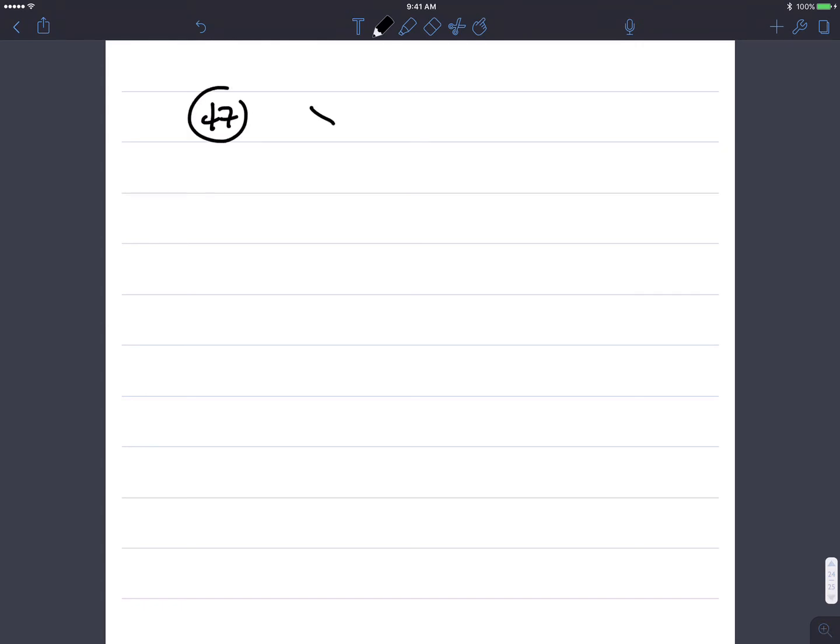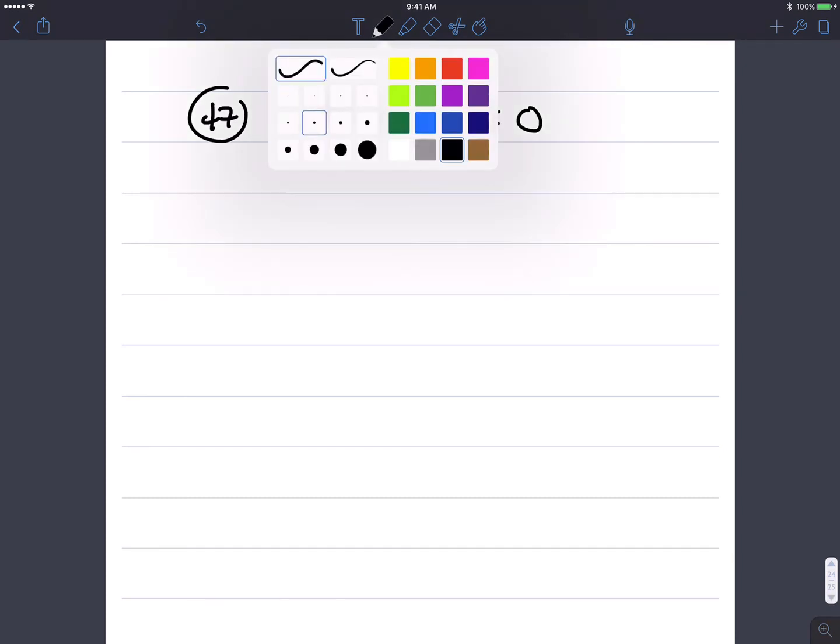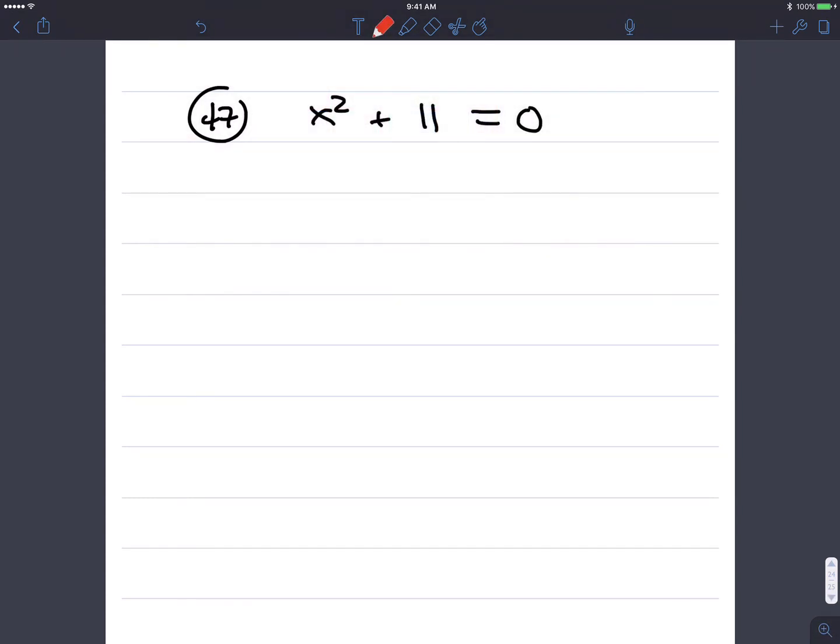Problem 47. x squared plus 11 is 0. Now we can't use the square root formula unless we have an x squared by itself. So we're going to have to solve for x squared. You subtract your 11. x squared becomes negative 11.